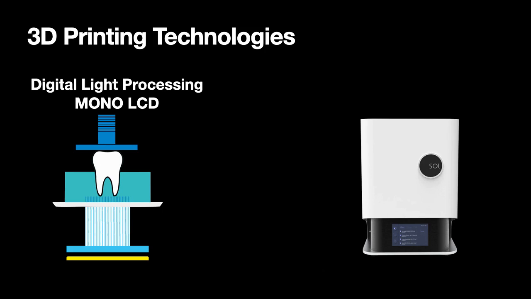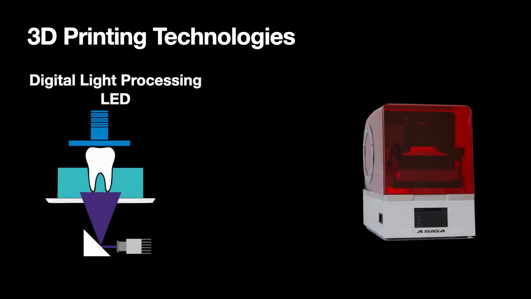And also, the predictability is questionable. Now, in terms of DLP, the UV LED projector printers seem to give the best performance, the most predictable performance. Here, you have a projector giving out UV light, which is passed through a series of mirrors into the resin vat, and every layer is produced to give you the final object.